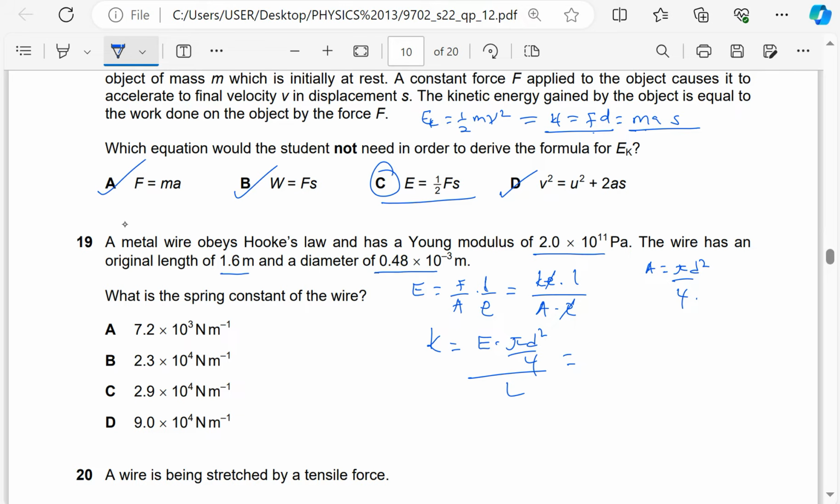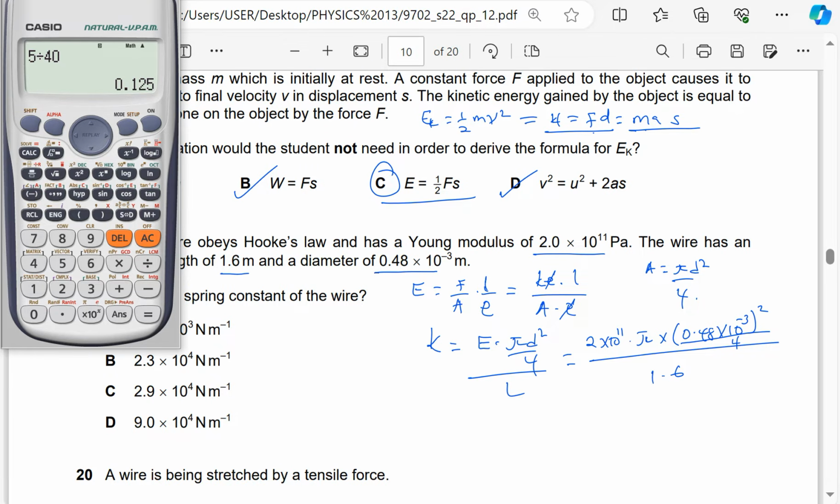I'll just substitute now. The Young modulus is going to be 2 times 10 to the power of 11 times pi times diameter, which is 0.48 times 10 to the power of minus 3, squared, divided by 4, then divide by L, which is 1.6.